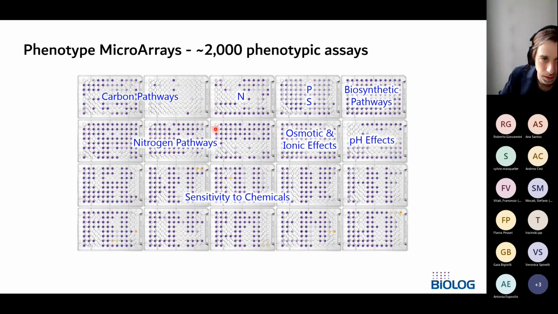There are plates that focus on carbon metabolism, plates that focus on nitrogen, simple nitrogen, and nitrogen pathways for dipeptides and tripeptides, phosphorus and sulfur metabolism, pH or osmotic metabolism, and then biosynthetic pathways or nutrient supplements to understand if there are any cryptic auxotrophies.